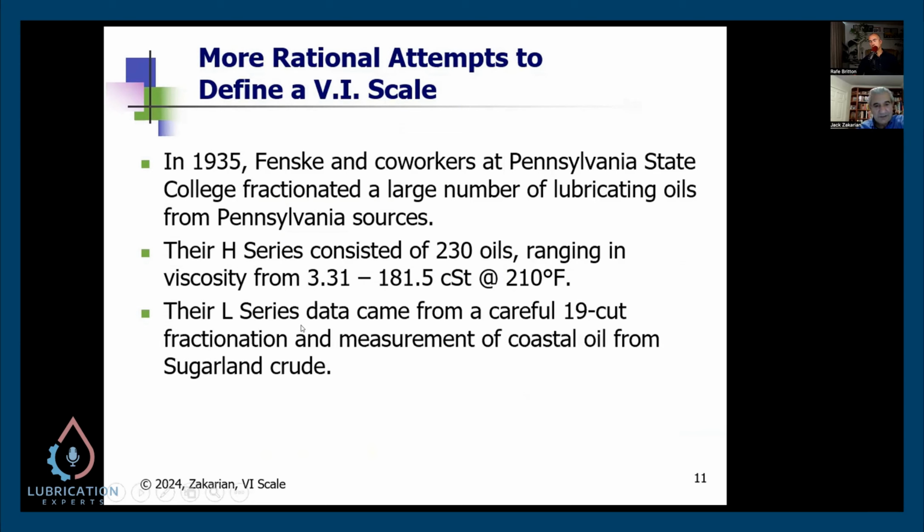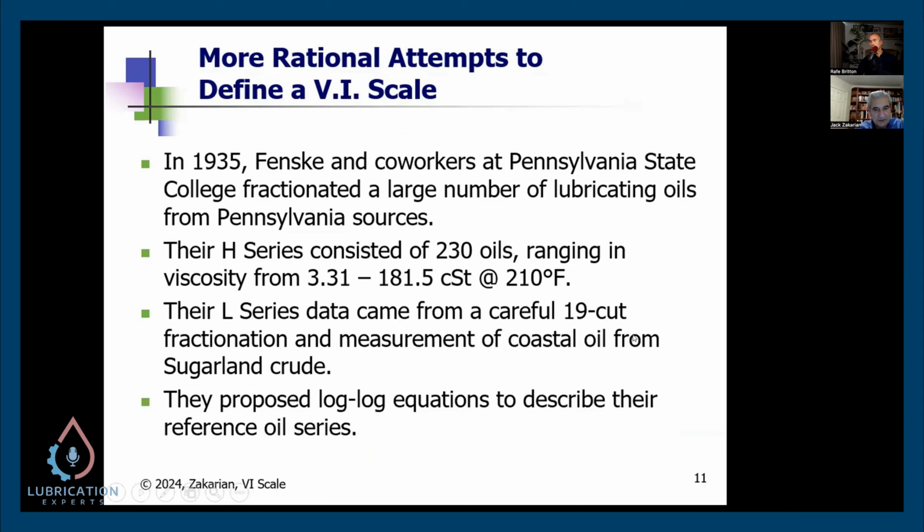They also took a low VI series, and they took Sugarland crude from, I think it's Louisiana, I'm not even sure, it might be Texas, but they took a low VI crude and did 19 cuts of that to define the zero series.